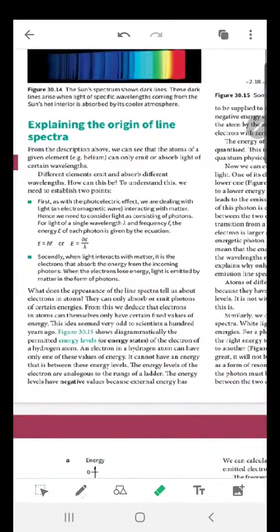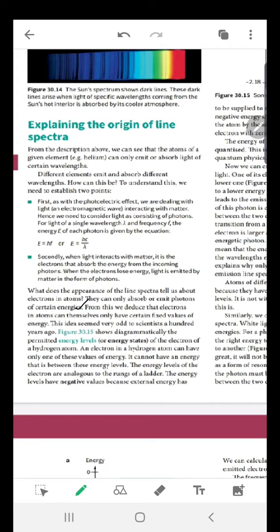Now let's read from here. What does the appearance of all the line spectra tell us about electrons in atoms? Yes, they can only absorb or emit photons of certain energies. Okay? We studied this thing that for each particular element there is a threshold frequency, right? We talked about it before.